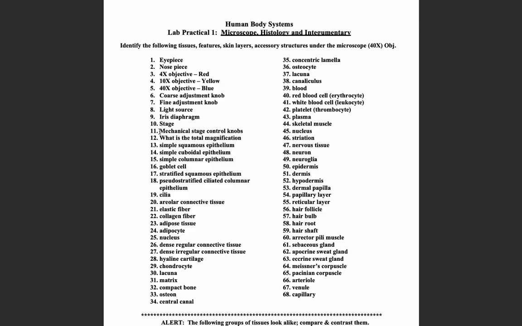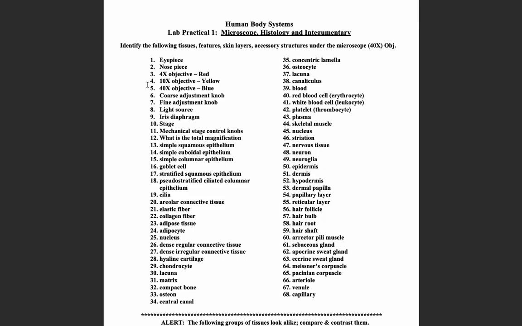And you notice it kind of stops here, and then suddenly we switched gears. So these are your tissues. This is for the next lab, lab number 2. You'll have to be able to recognize simple squamous epithelium, simple cuboidal epithelium, and so on.